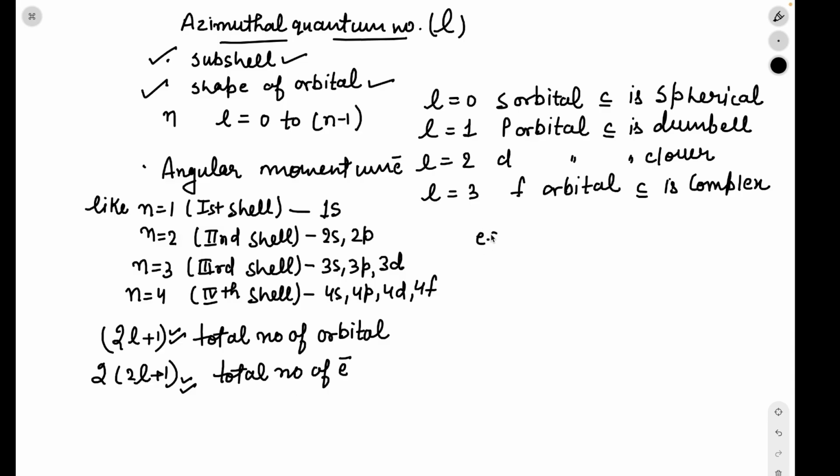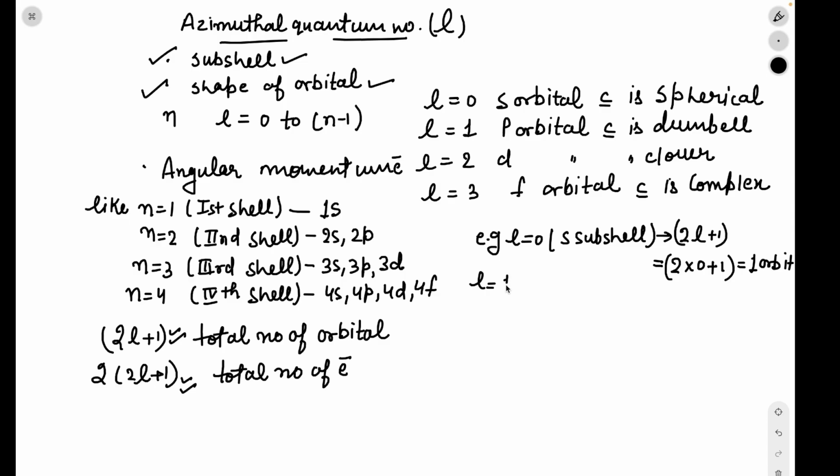For example, for L equal to 0, that is for S subshell, the total number of orbitals will be 2L plus 1, that is 2 into 0 plus 1. That means only one orbital is present in S subshell.